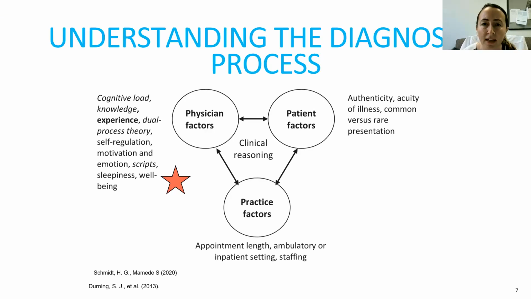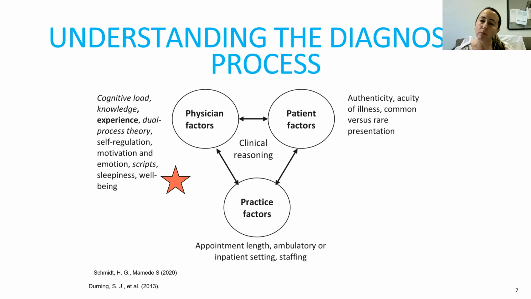I'm sorry if you can't see that. So this is a diagram from Durning, a 2013 article where they discuss all of the different things that are at play in a clinician-patient interaction. It talks about the cognitive theories, lots of psychometric theories that are not my expertise by any means.